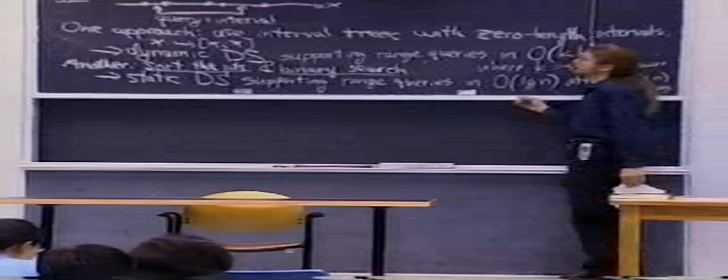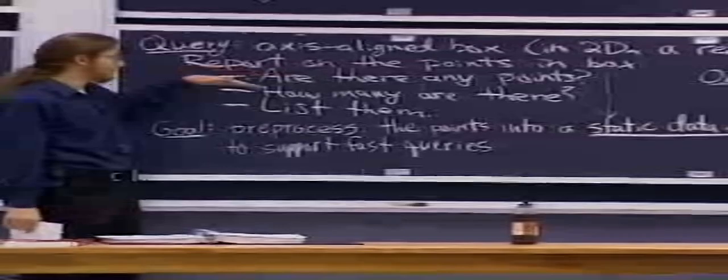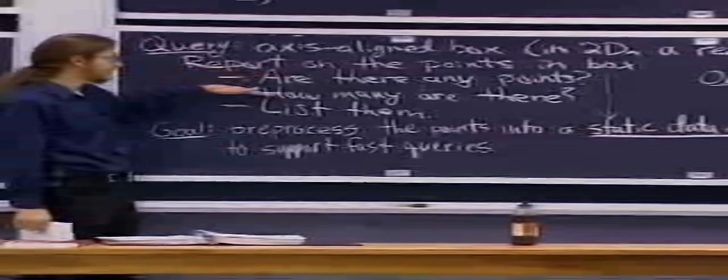I'll probably also need k to write down the answers. Once I know where the answers are, I have to output them. If there are k answers, it'll take k plus log n time. But notice I can do these other things in just logarithmic time. I can tell you whether there are any points in that array in a range in order log n time. I can tell you how many there are in order log n time just by subtracting the indices. Okay? So that's cool.